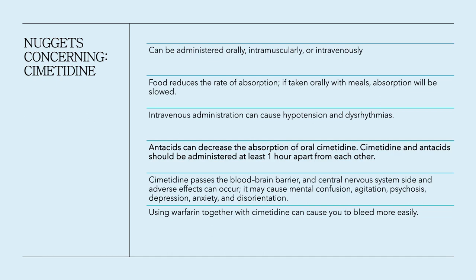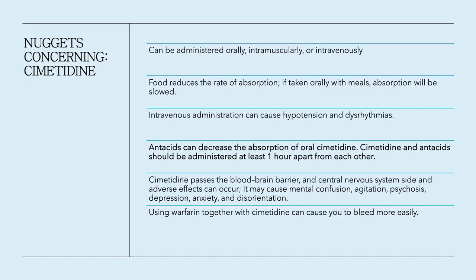Warfarin is an anticoagulant, right? So if they're on an anticoagulant warfarin and they're on cimetidine, it can put you at risk to bleed more easily. So it says that cimetidine and warfarin given together can have an increased anticoagulant effect, which puts you at a risk for bleeding even more.